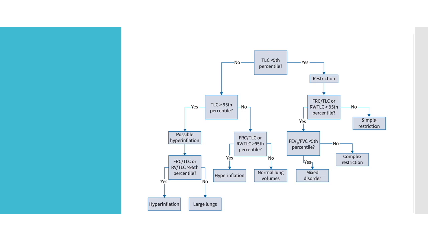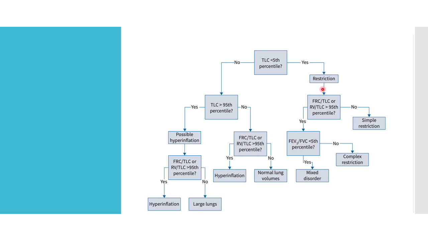Now the functional residual capacity or the residual volume to the TLC, so the RV/TLC ratio or the FRC/TLC ratio. If the FRC/TLC or the RV/TLC ratio are elevated, then we have to find out whether there is an airflow obstruction. For that, we need our FEV1/FVC ratio again. So we go back to the FEV1/FVC ratio.